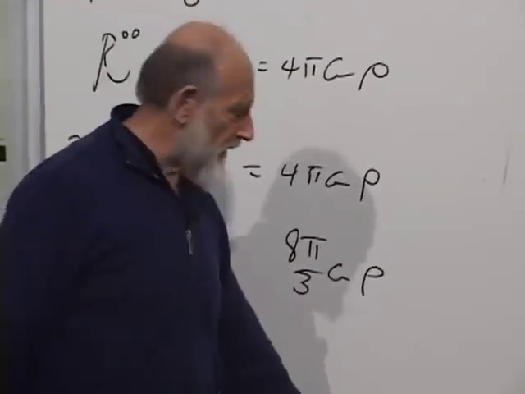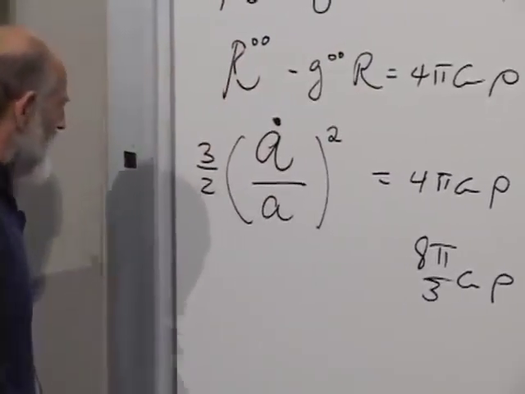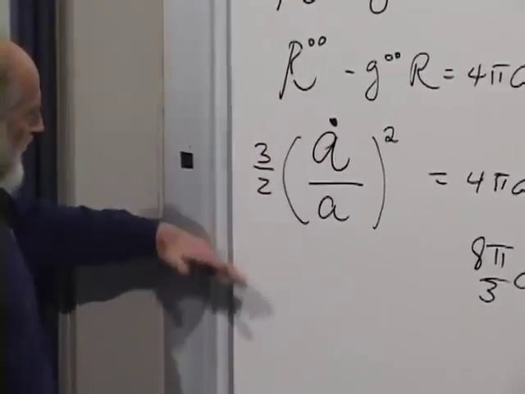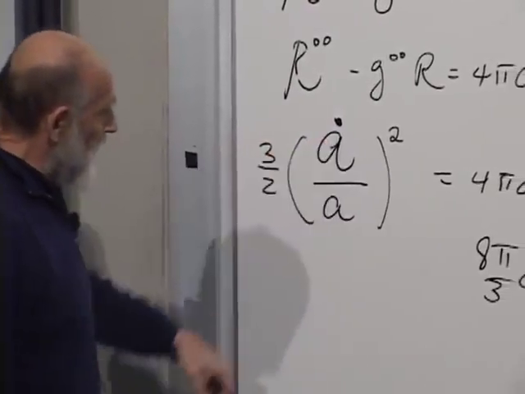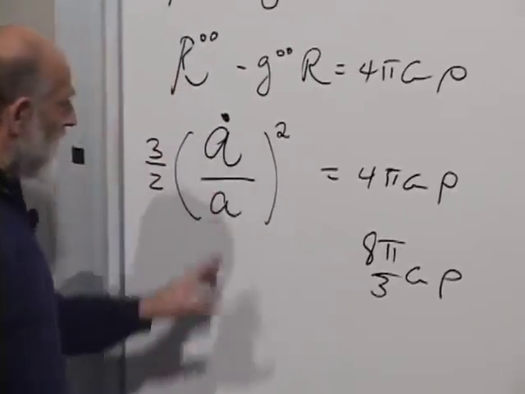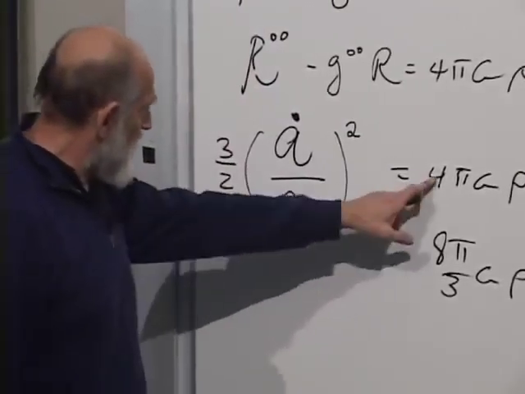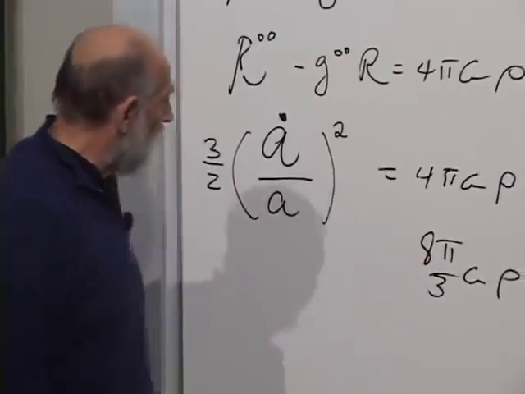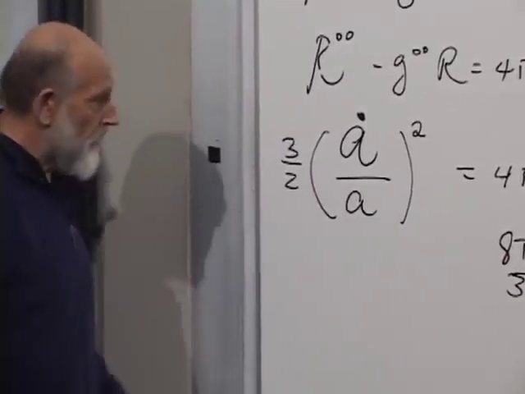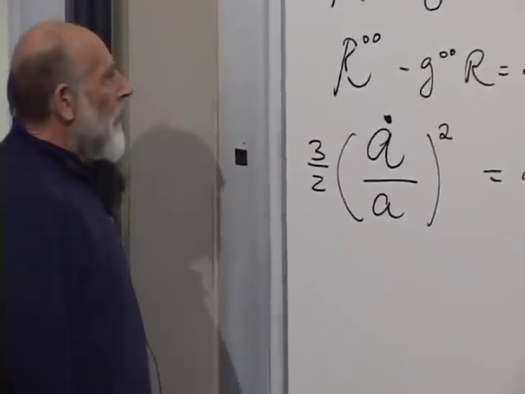Many years ago, I checked this. I've never checked it since. I know that it's true that there's actually a 3/2 that comes out here. So that when you calculate A dot over A squared, you get 2 times 4 is 8, divide by 3, 8 pi over 3 G rho. And you can check that. Oh, there's a half here.